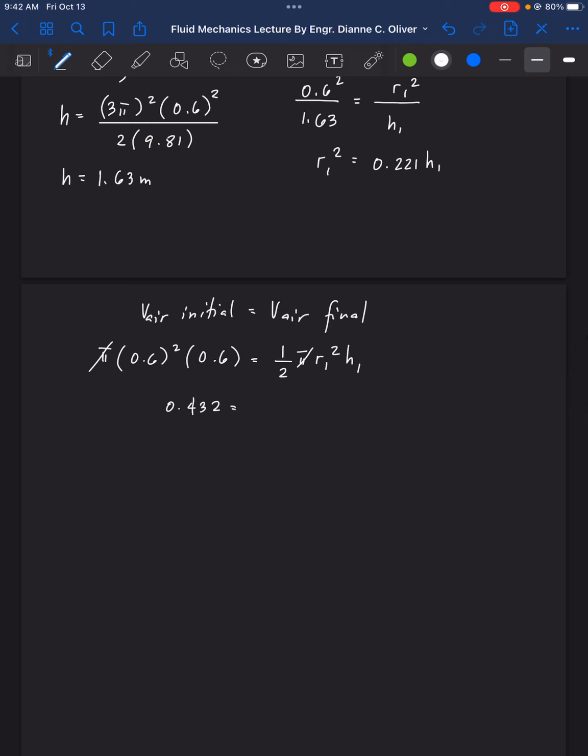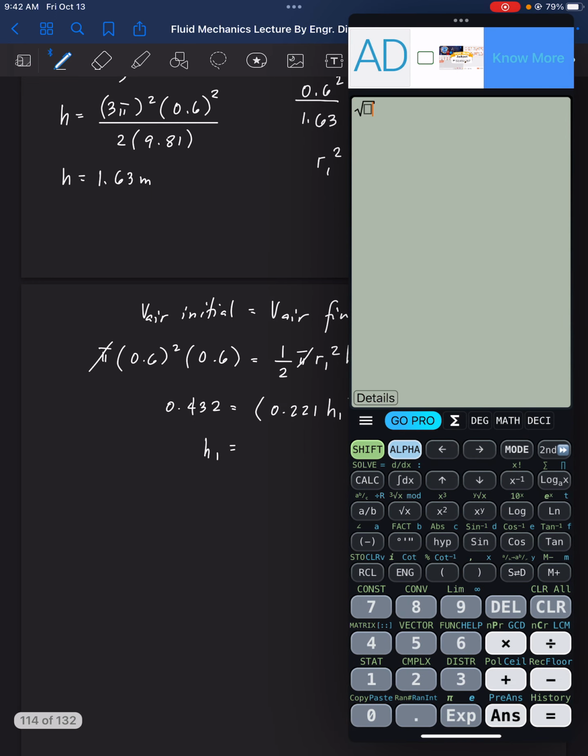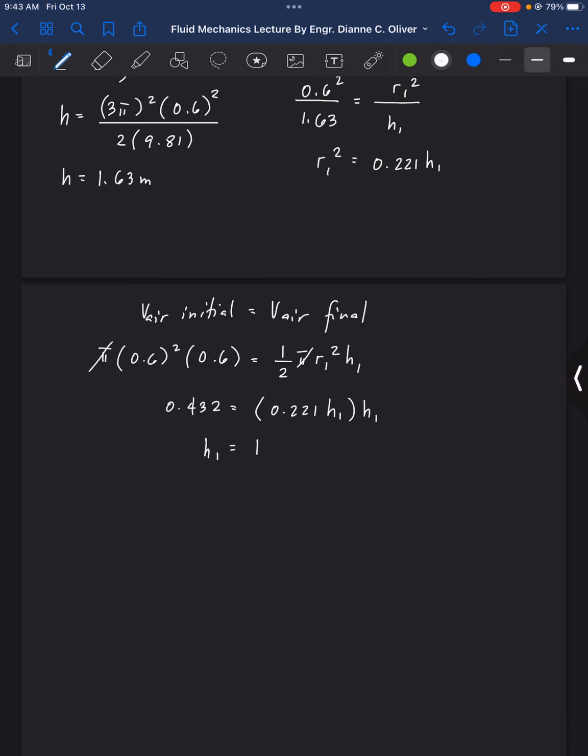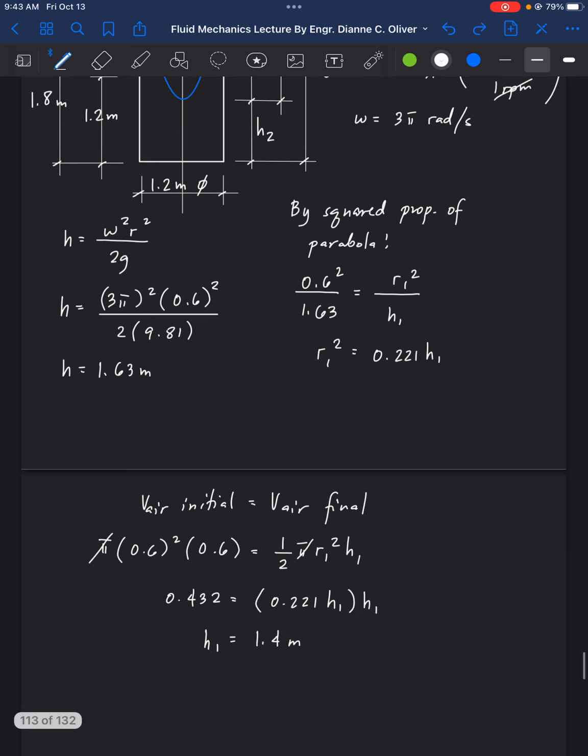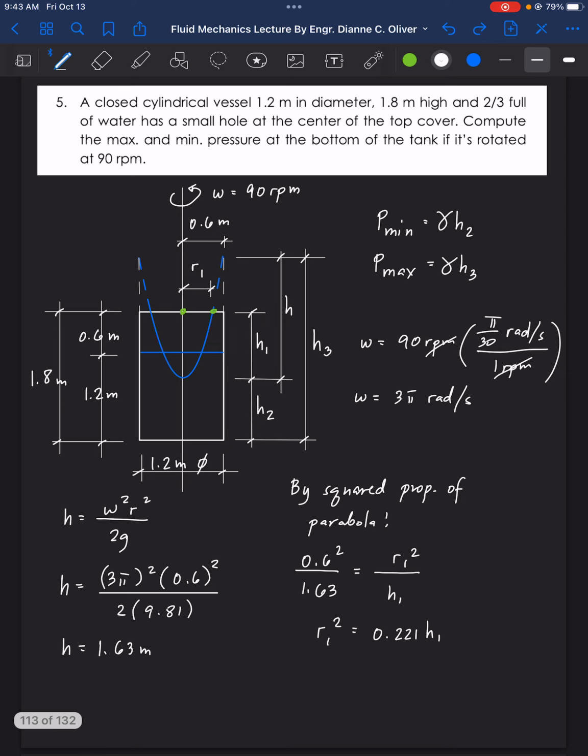So 0.432 equals, what's our R1 squared here? R1 squared here is 0.221 H1. So H1 is equal to square root of 0.432 all over 0.221. So H1 is 1.4 meter. Since we now have the value for H1, we can now get the value for H2.